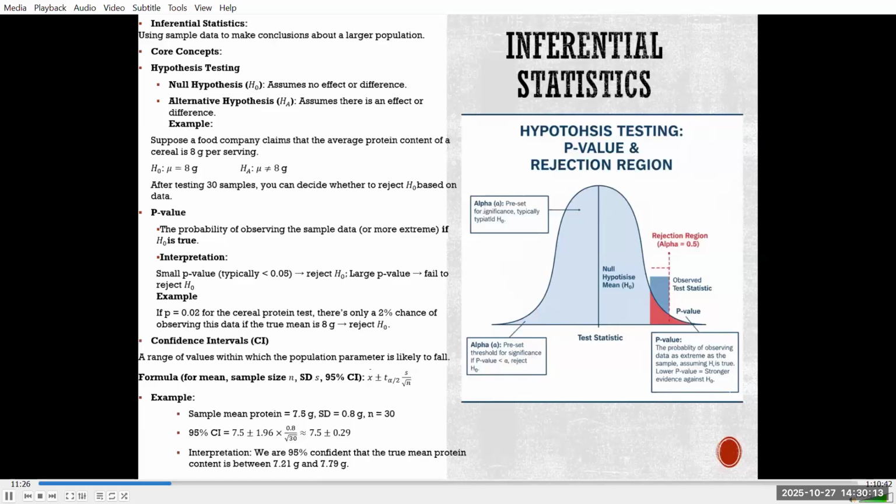For example, we might test whether ultrasound extraction really increases the protein yield. The p-value means the probability value. It tells us the probability that our result happened not just by luck. A small p-value, like less than 0.05, means the result is statistically significant. In other words, it's not random.